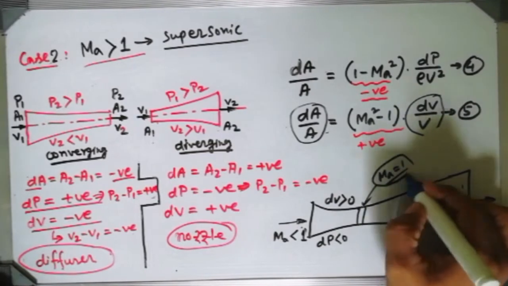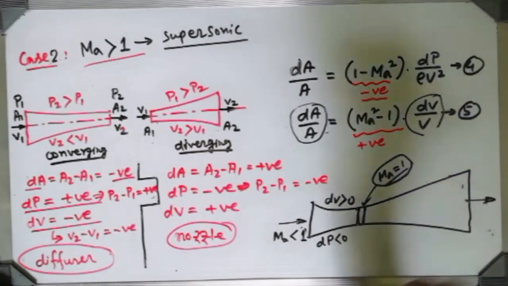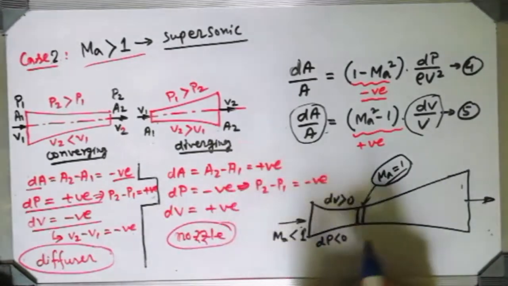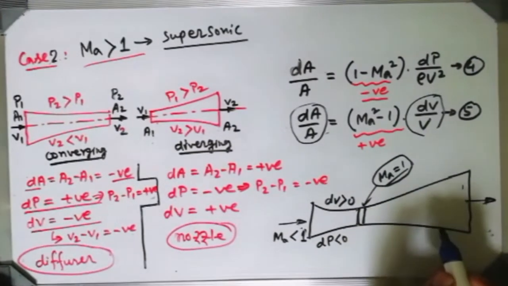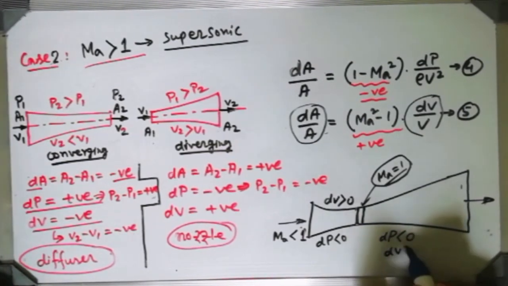It can also be proved that in the throat part, the minimum cross section part, the Mach number will be 1, which is known as sonic velocity or sonic flow. And as it goes to the diverging part, dP will be less than 0 and dV will be greater than 0.